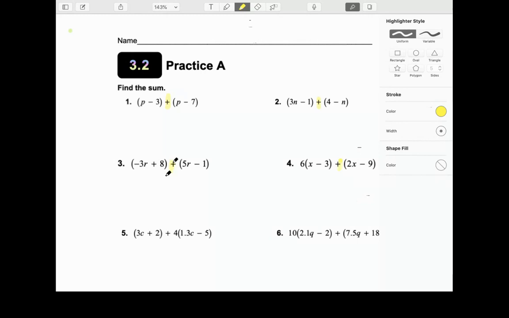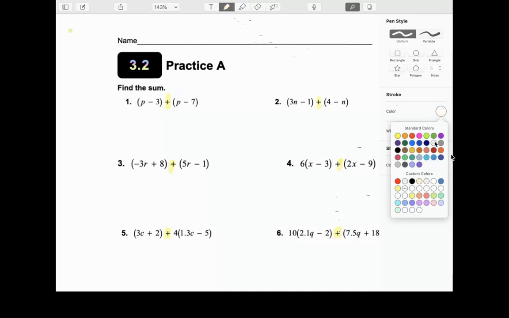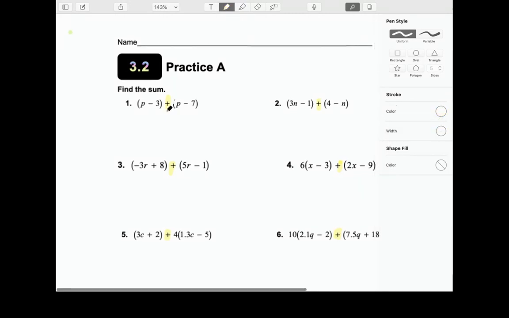When I'm adding expressions, one thing that becomes apparent is that when I don't have a number in front, these parentheses are really not necessary, especially because there's no number being multiplied.